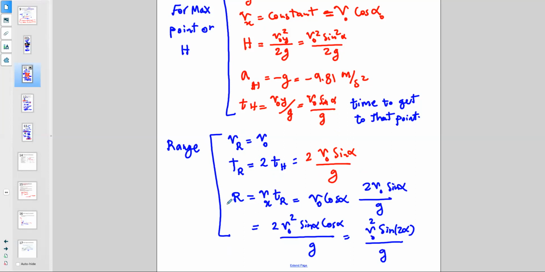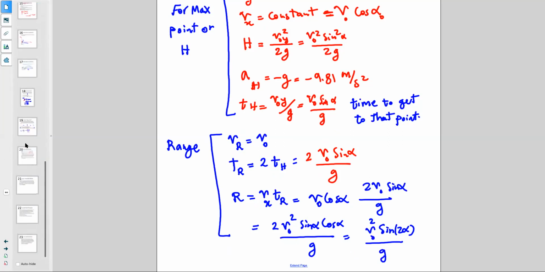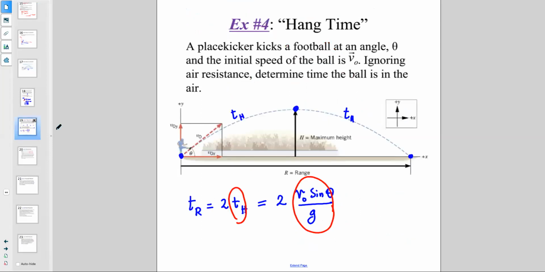It is a constant motion with a constant velocity along the x. x equals vt. v_x is v0 cosine, and t is just 2 v0 sine over g. Okay, it's the same that I found right there, and you can write that down very easily. So don't memorize it, because you can derive it, and you can always have your equation sheet with you, the one that I have provided for you.